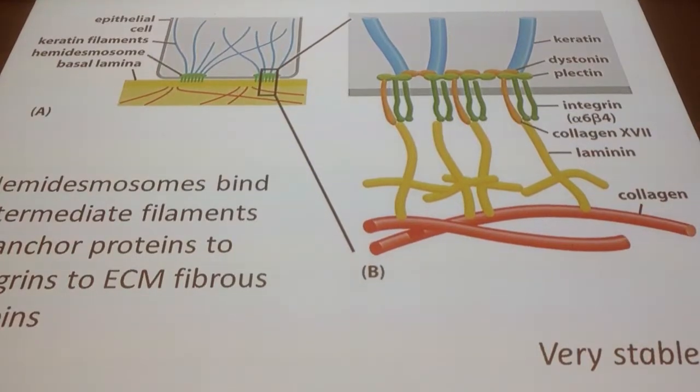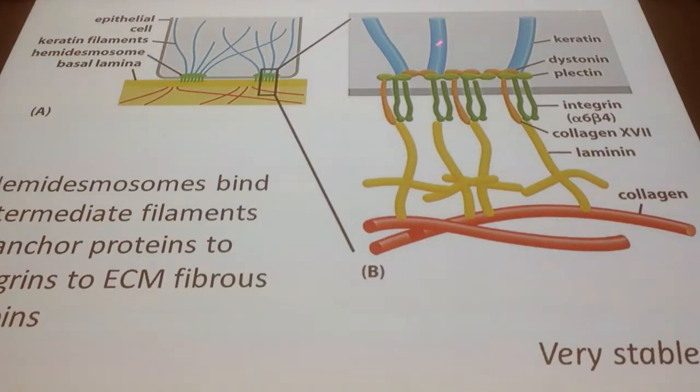So again, the 3 components of an anchoring junction are a transmembrane protein, in this case it's integrin, proteins bound by the non-cytosolic domain of the transmembrane adhesion protein, in this case, laminin.